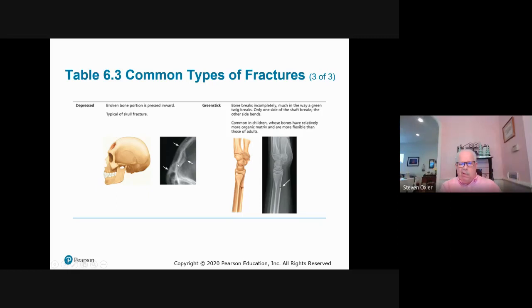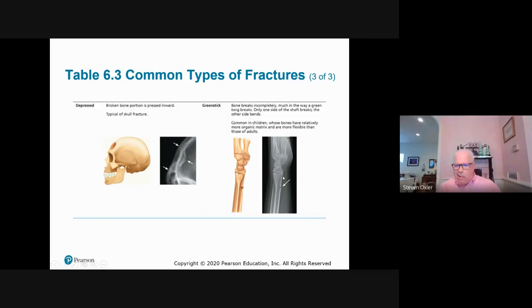And a very common fracture in children, because their bones have relatively more matrix than an adult does, is a green stick fracture. A green stick fracture means that it is an incomplete fracture. Here it is. An incomplete fracture.